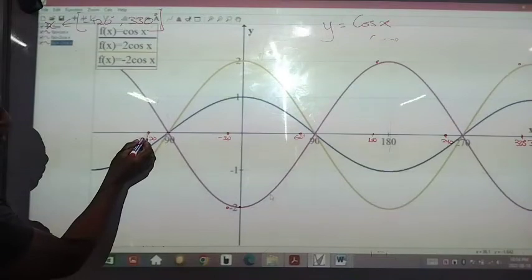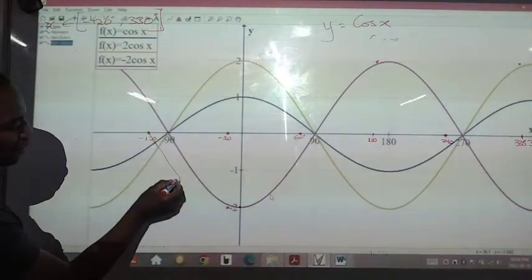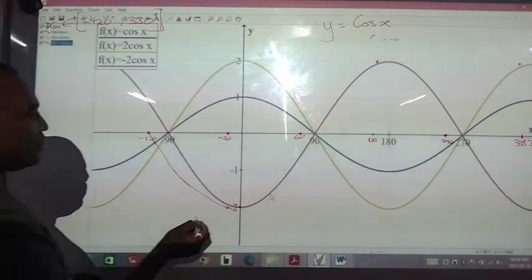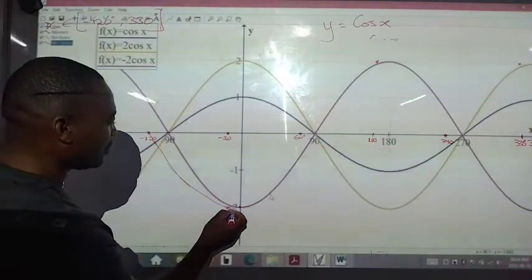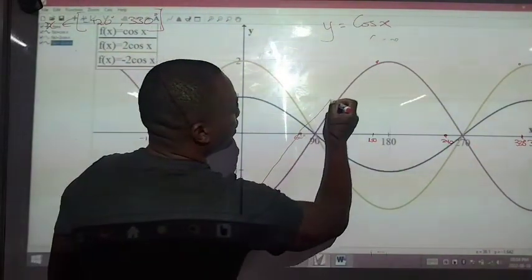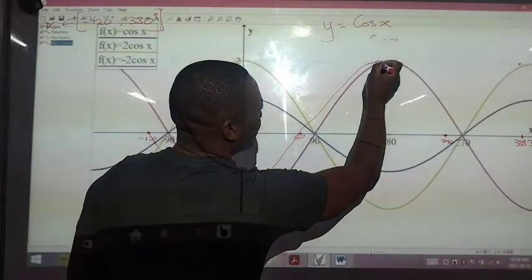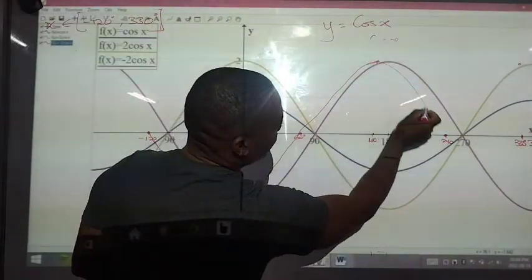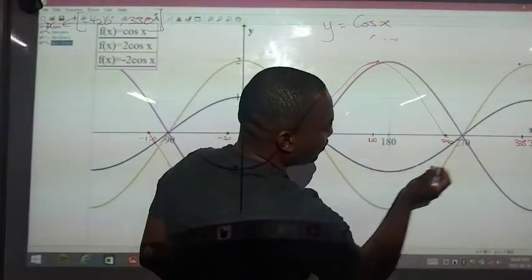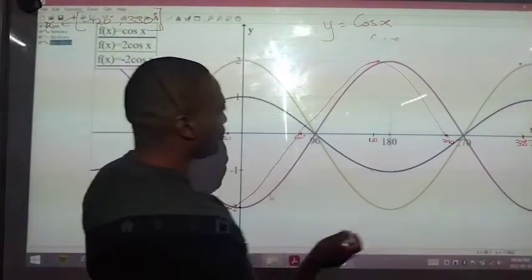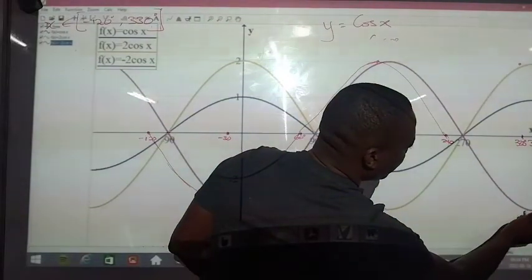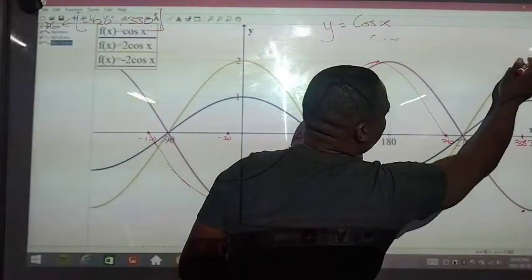So we are basically saying our graph is going to go like this. It will turn here, and then it will cross at 60, and then it will make a turn point there. Then we'll cross at 240, and then this point will be here, not up there.